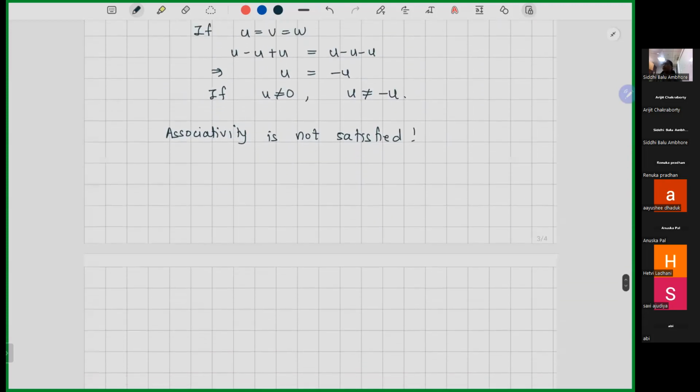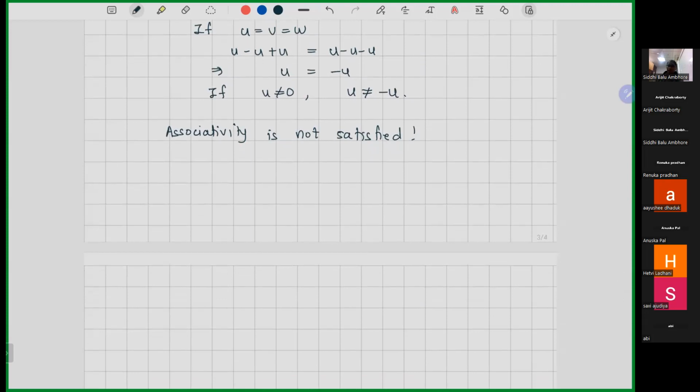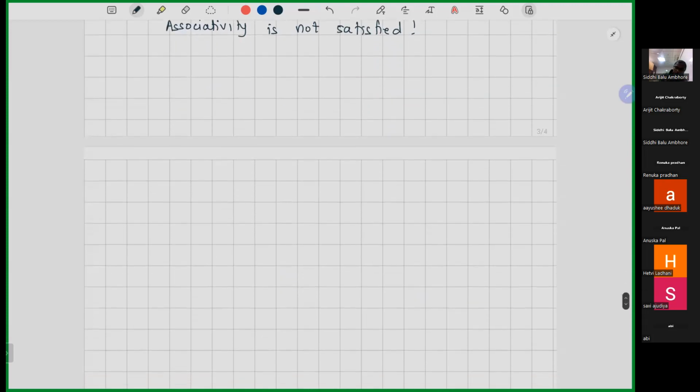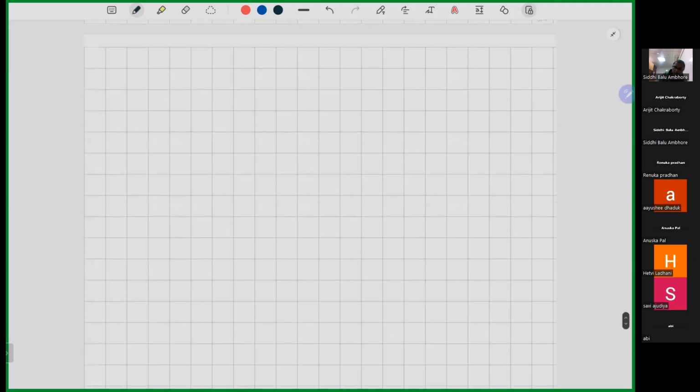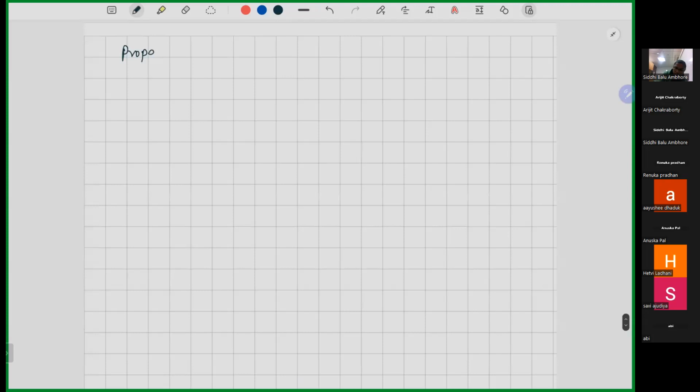So now we will check whether this satisfies our property 5. Property 5 was existence of multiplicative identity.